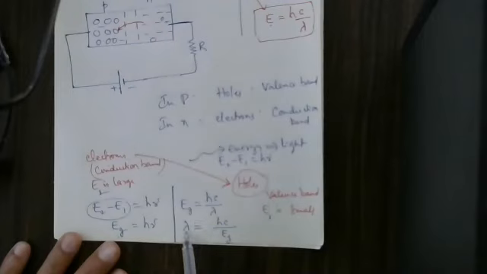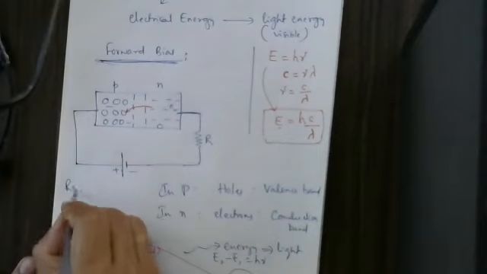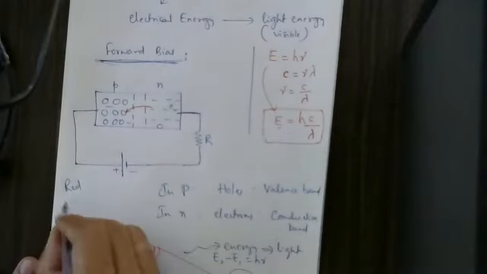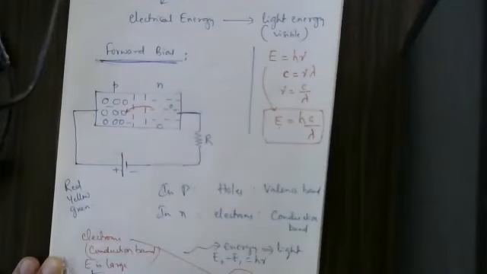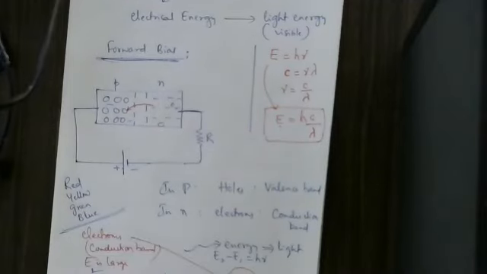If the wavelength is larger, it is red color. If the wavelength is smaller, it is blue color. This is how you get the LED colors. Red color LEDs are available in the market, yellow is available, green is available, and blue color LEDs are also available.